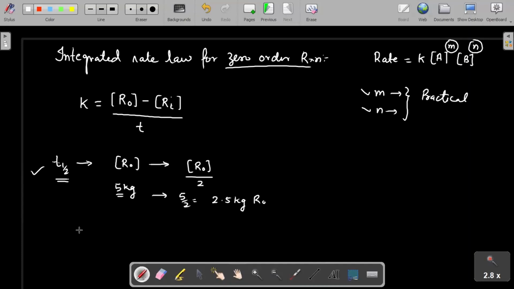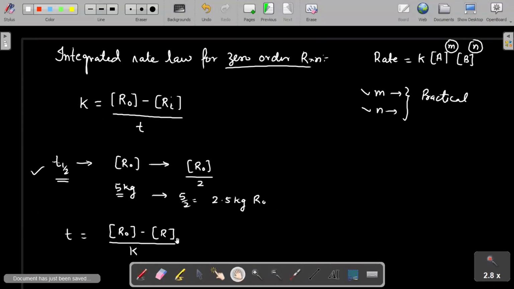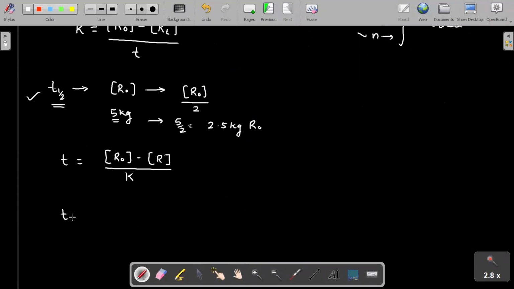The formula is t is equal to R0 minus R at some time t, divided by K. Now in this equation I put t half, R naught minus RT, where RT has become R naught by 2, half of my original concentration, divided by K. So this gives t half is equal to R naught upon 2K.